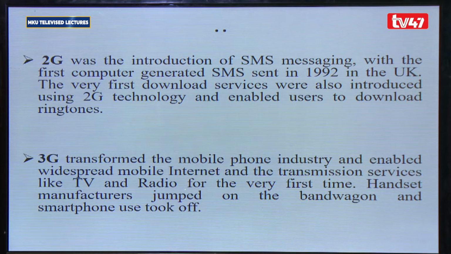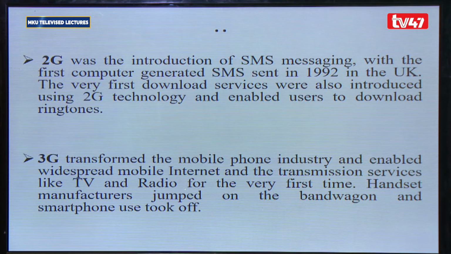In the 2G network, the element of download technology, or access of resources via downloading, was also introduced. The first thing that was introduced in the 2G network was a ringtone. Those of you who were there in 92, you would just download a ringtone, and that was the first technology to be enabled.